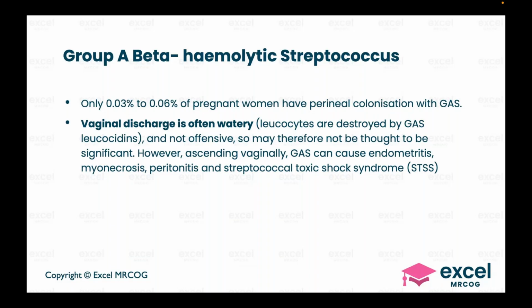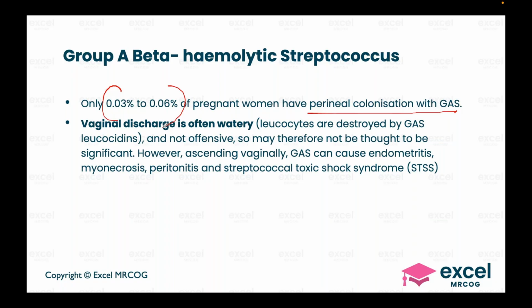So very few patients have perineal colonization of GAS. So 0.03 to 0.06% of pregnant women. So not very high. Okay, so you need to know that they can have perineal colonization of GAS.